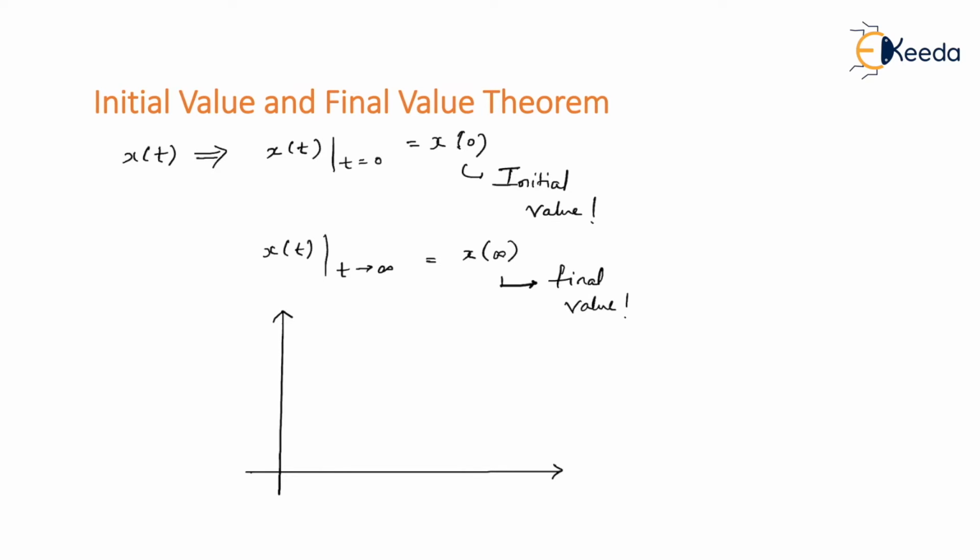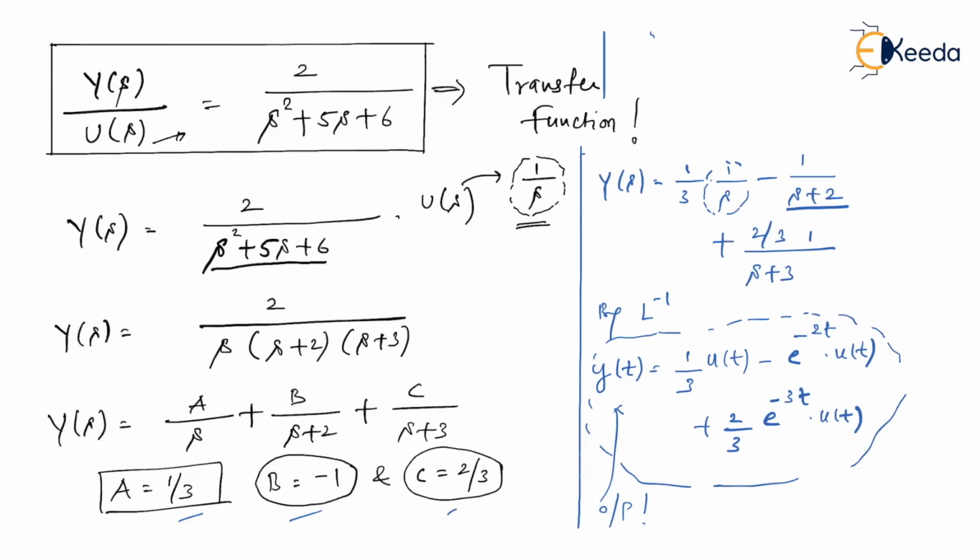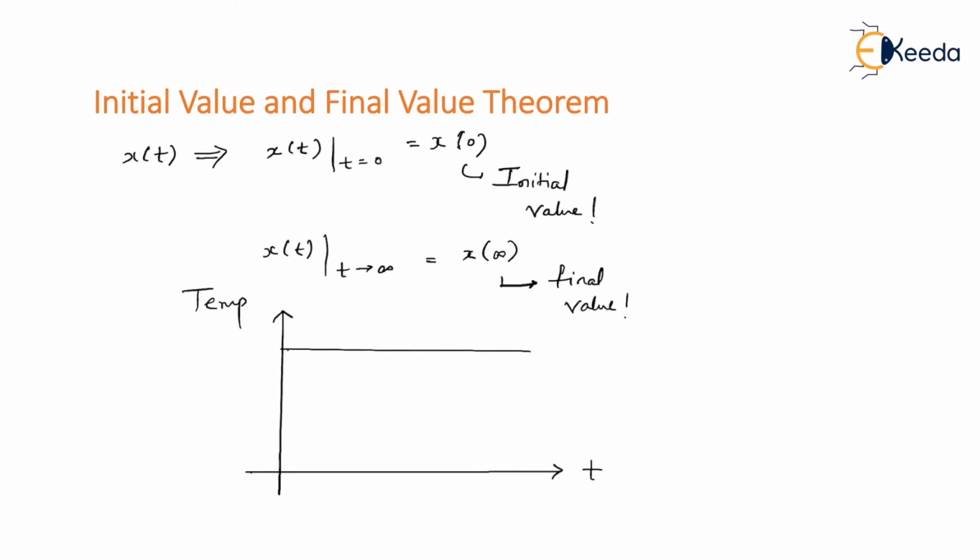What I'm actually doing is plotting temperature with respect to time when the heater is turned on. When the heater is turned on, we set a particular temperature. Let's say we have set the temperature at 20 degrees centigrade, so our reference temperature is 20 degrees. I want my room temperature to be 20 degrees centigrade with respect to time.